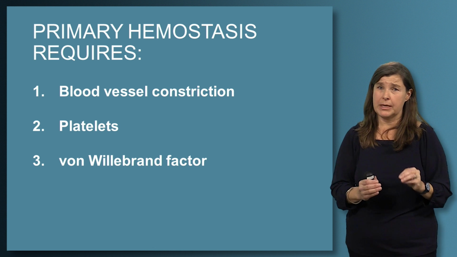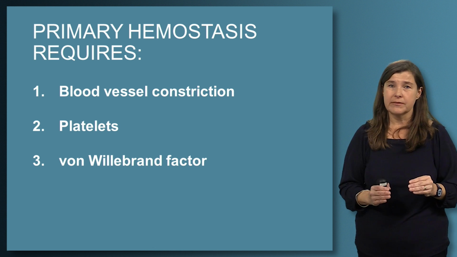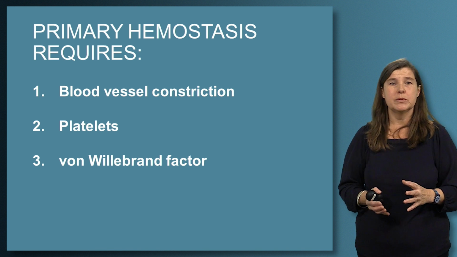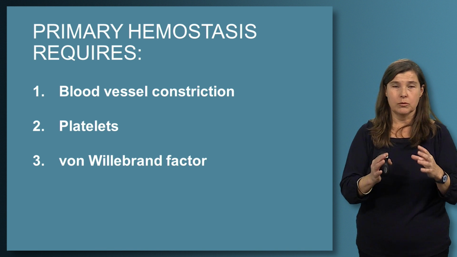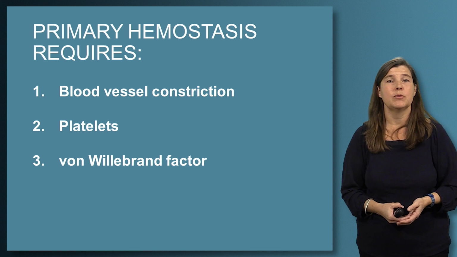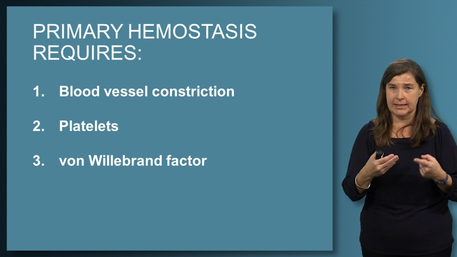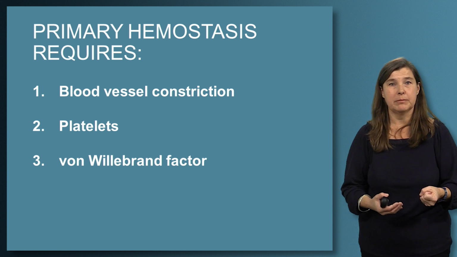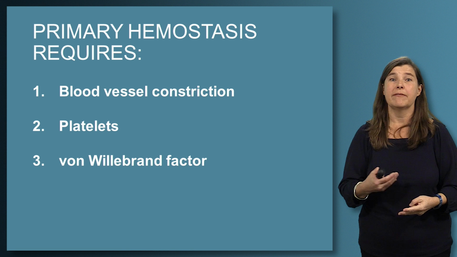Primary hemostasis is very important. Lots of things can go wrong, and lots of drugs that we use are designed to block primary hemostasis. So in primary hemostasis, you have to have a blood vessel. It has to constrict down, and it has to be able to keep the blood from leaking out. You have to have platelets.